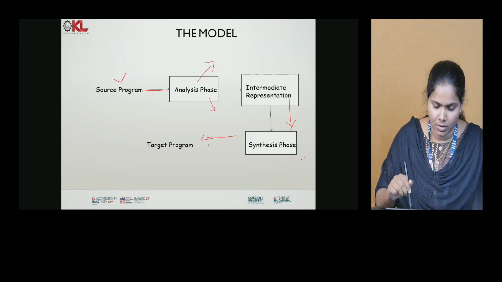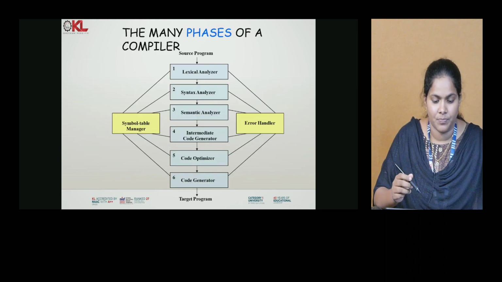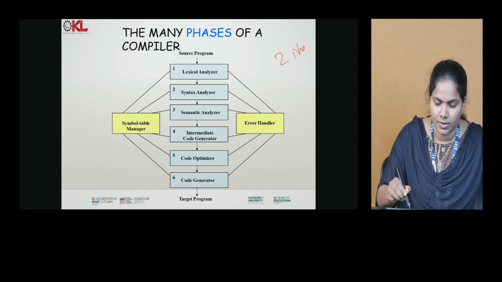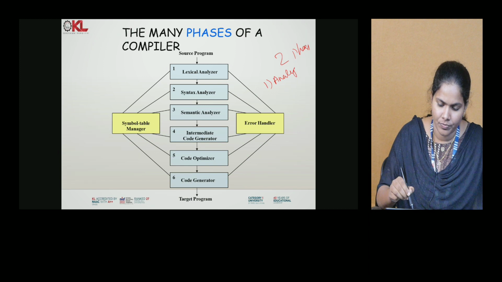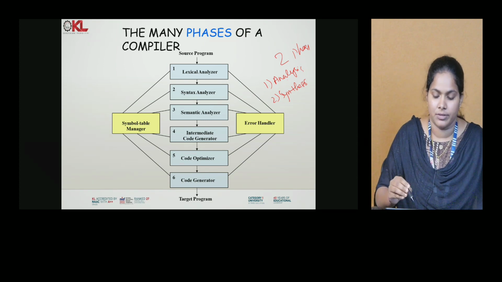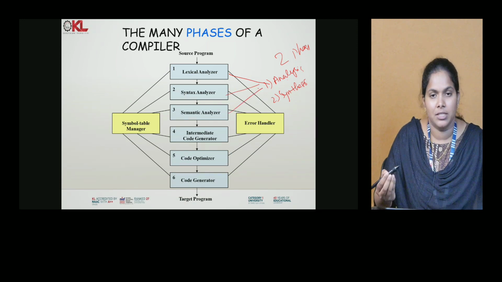Now we will move to the phases. I told you that there are two phases: analysis and synthesis. In the analysis phase we have three phases: lexical analysis, syntax analysis and semantic analysis.